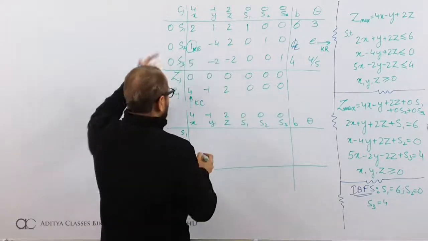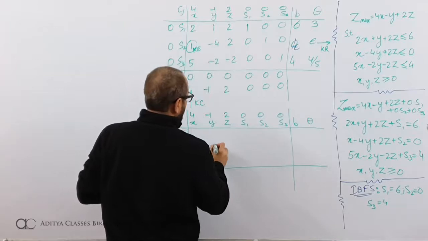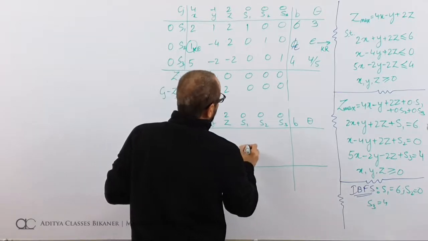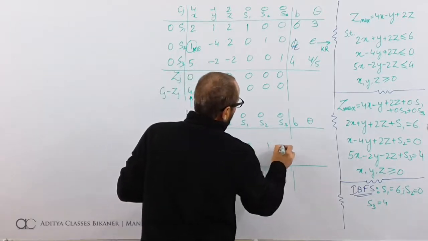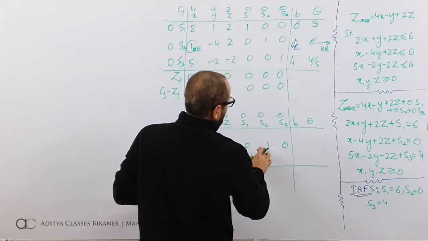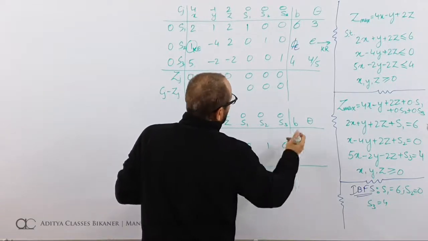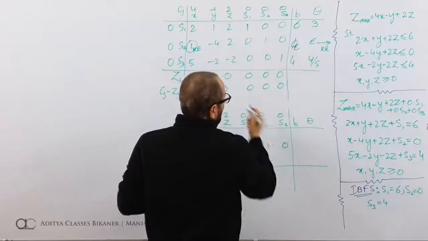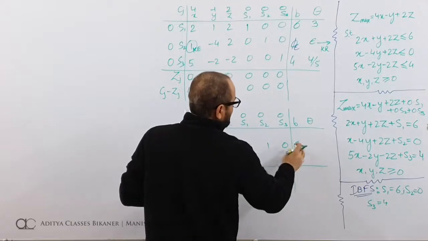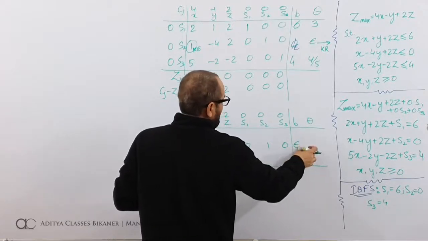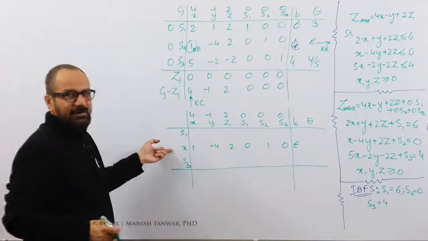Divide all by 1, they will remain same. 1, minus 4, 2, 0, 1, 0. And epsilon divided by 1 would give me an epsilon. Fine. This is my modified key row.